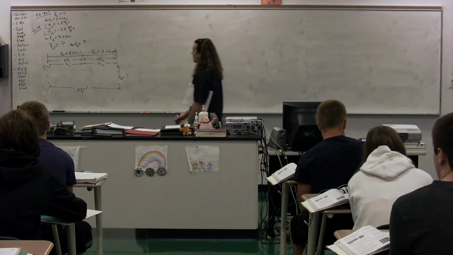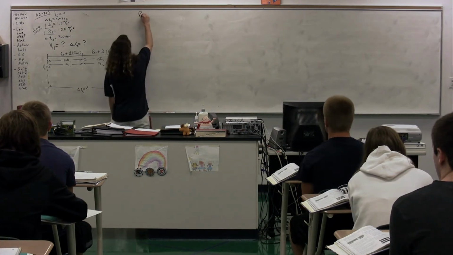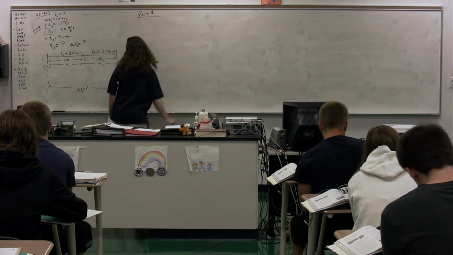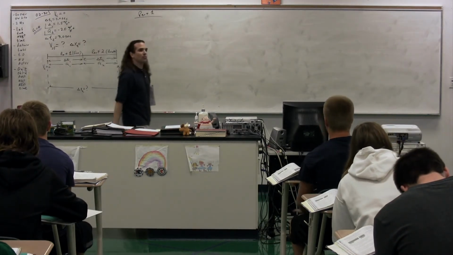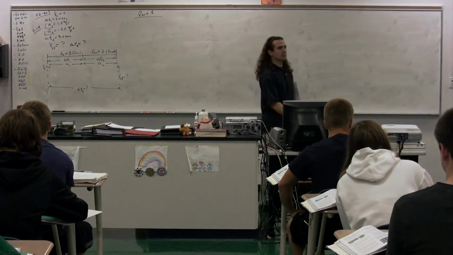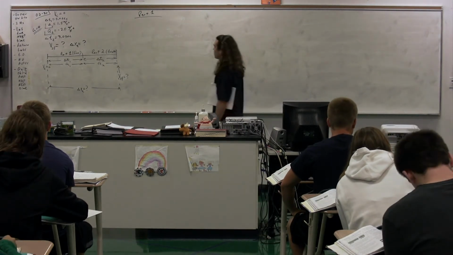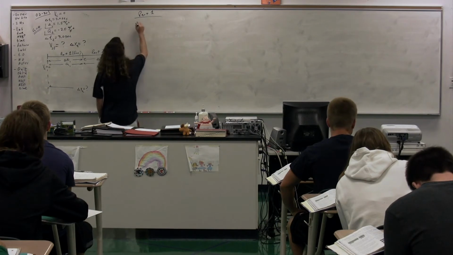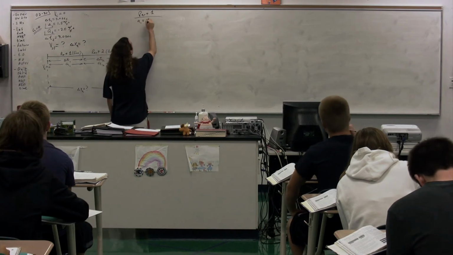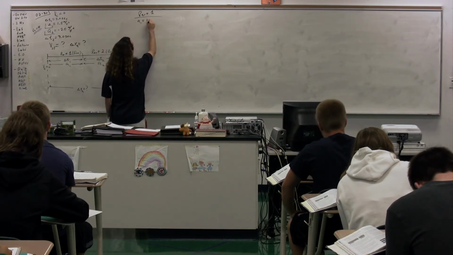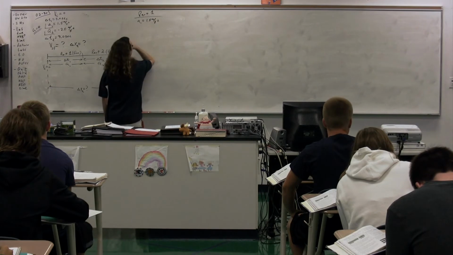Great. So let's start out by just looking at part 1. Let's list all the stuff we know for part 1, just to make sure we have them all. Dawes, what do we know for part 1? We know the acceleration for part 1 is 1.5 meters per second squared. Good. What else do we know for part 1?